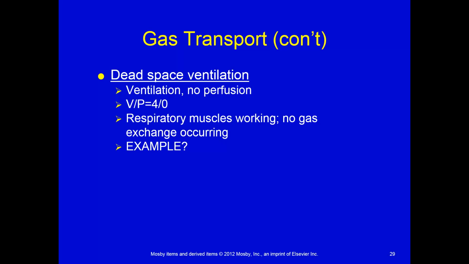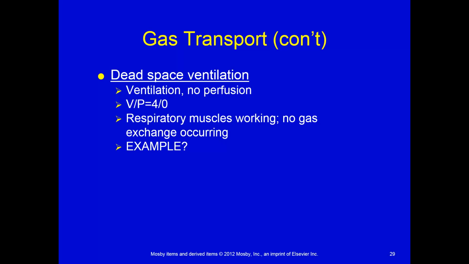Okay, so with dead space ventilation, look here on the screen, you have ventilation, but no perfusion. So if I've got ventilation, what does that mean in terms of the oxygen getting into the alveolar sac? Is it happening? Yes. So oxygen's getting in. Ding, ding, ding. Wonderful. But there's no perfusion. So there's a ventilation-perfusion mismatch of 4 to nothing.